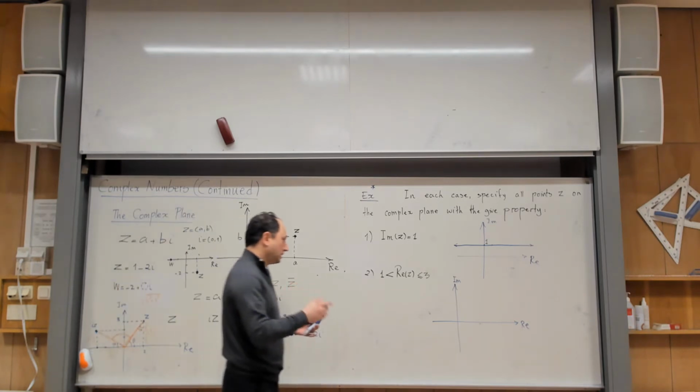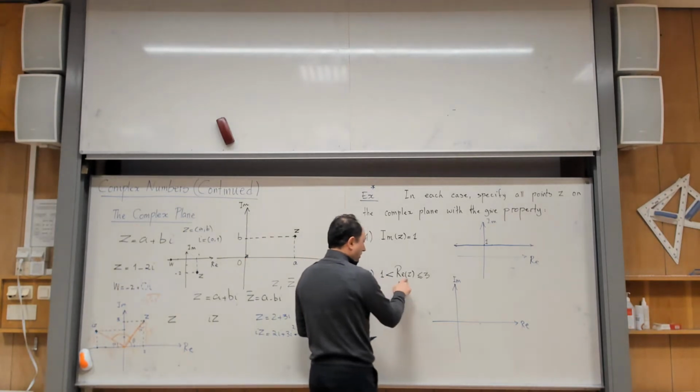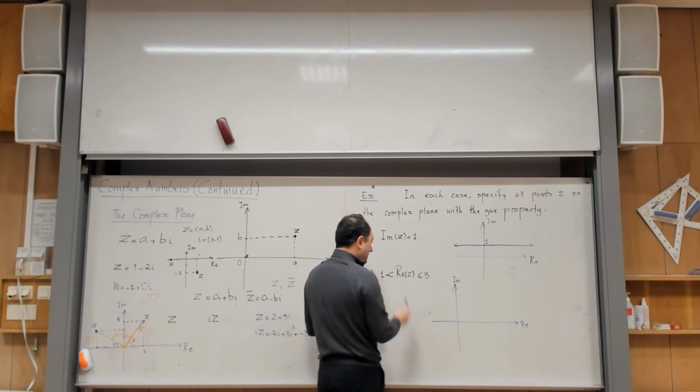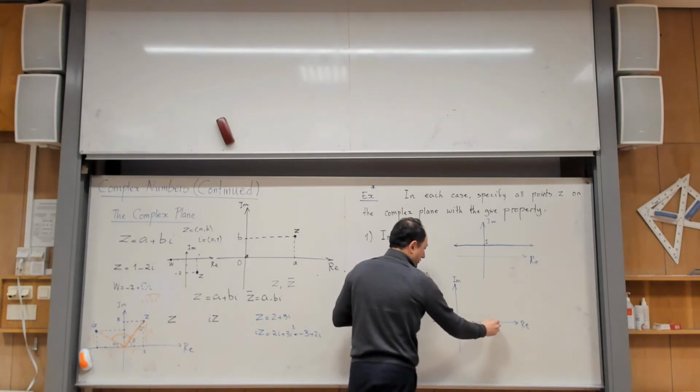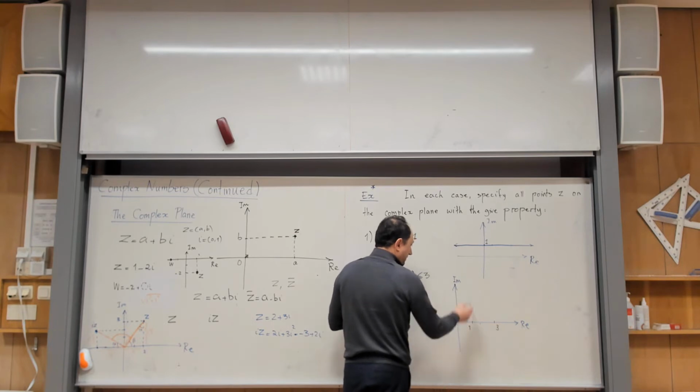Okay, so that's exactly what you said. So the real part of that number should be somewhere between 1 and 3. For example, this point is not acceptable because the real part is negative. I want to have the real part exactly between 1 and 3. So exactly as you said, this is 1. This is 3, for example.